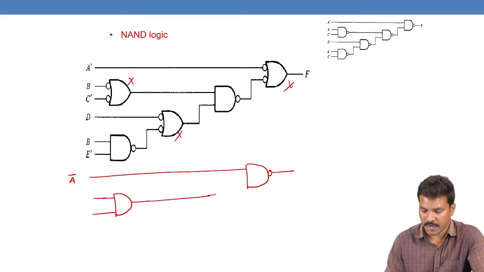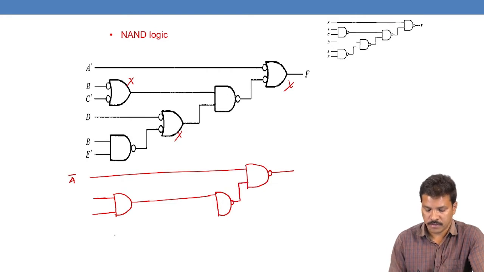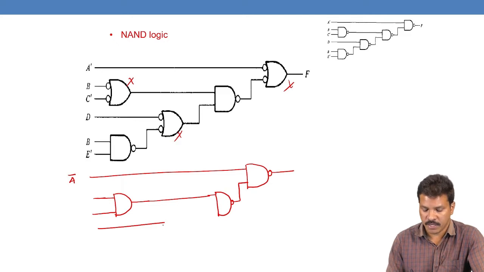Already here it is a NAND gate, so that NAND gate won't change. This bubbled OR gate can be replaced with a NAND gate. And the last one is already a NAND gate.